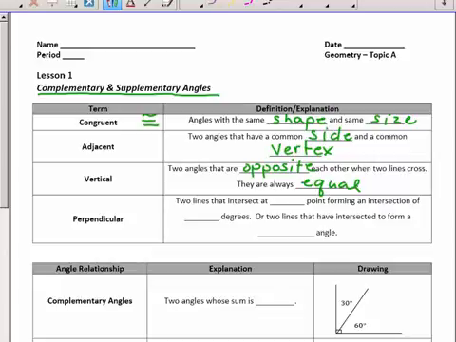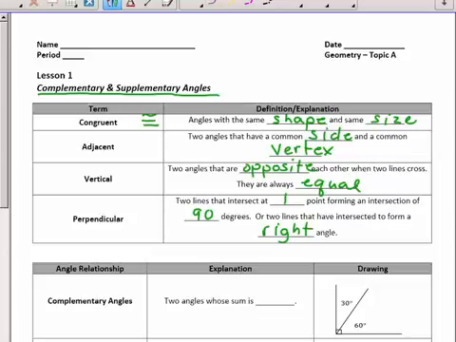Right? That's another way to say that. Perpendicular are two lines that intersect at one point, forming an intersection of 90 degrees. Or two lines that have intersected to form a right angle. That's another way to say it.